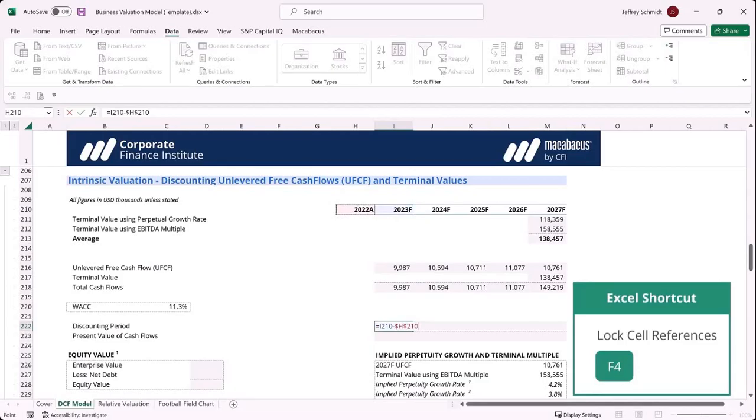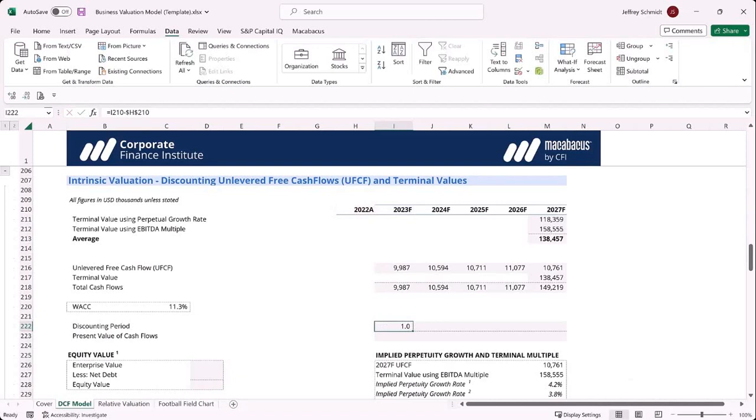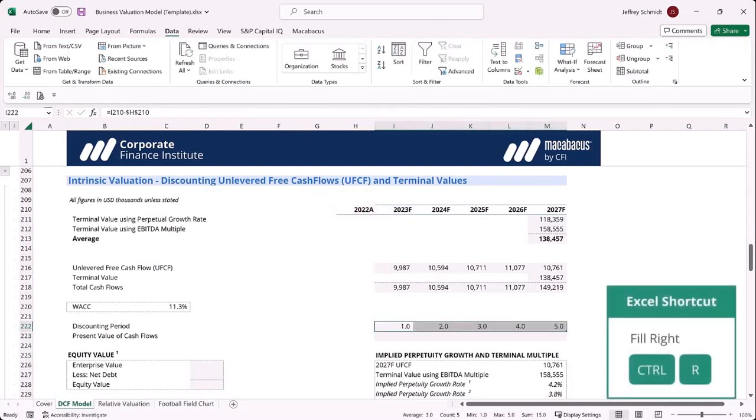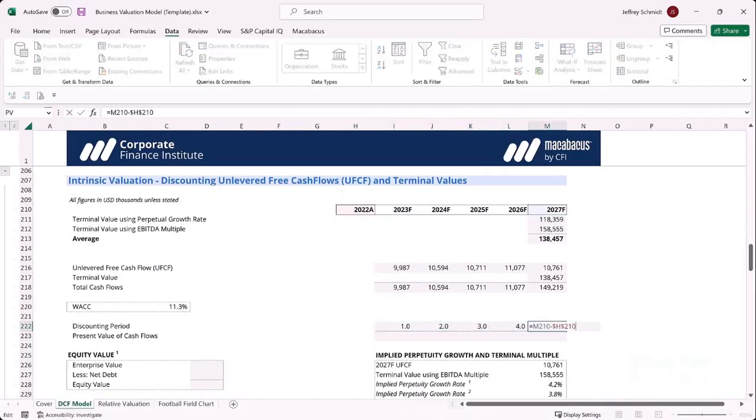Again, Excel just sees those as numbers. So 2023 minus 2022 equals 1. Now, note that I have anchored 2022 because when you copy it out, again, it's a 5-year forecast period. We still want to base our discounting off of 2022.